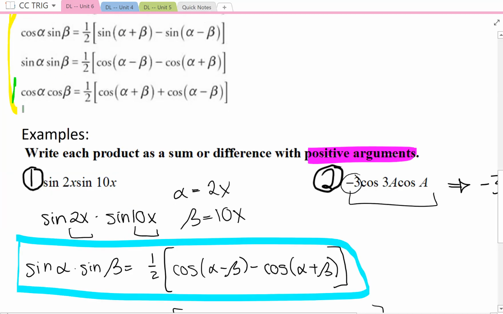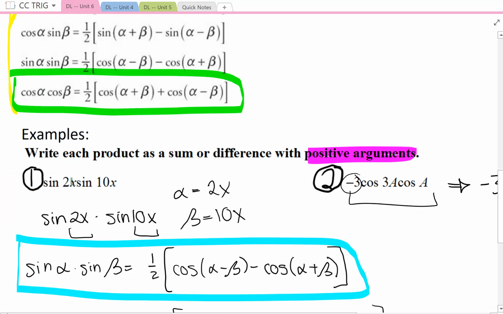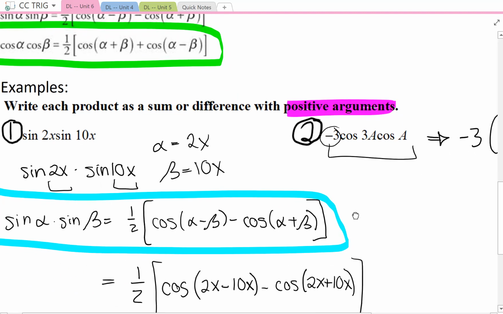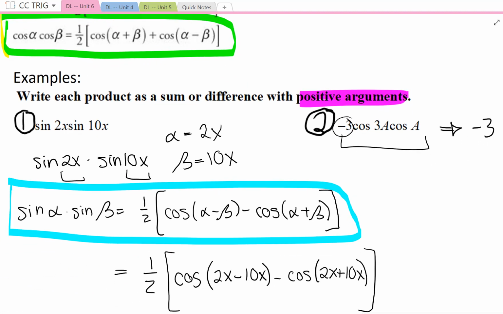The formula for a product of cosines is right here. Go ahead and assign an alpha and a beta.